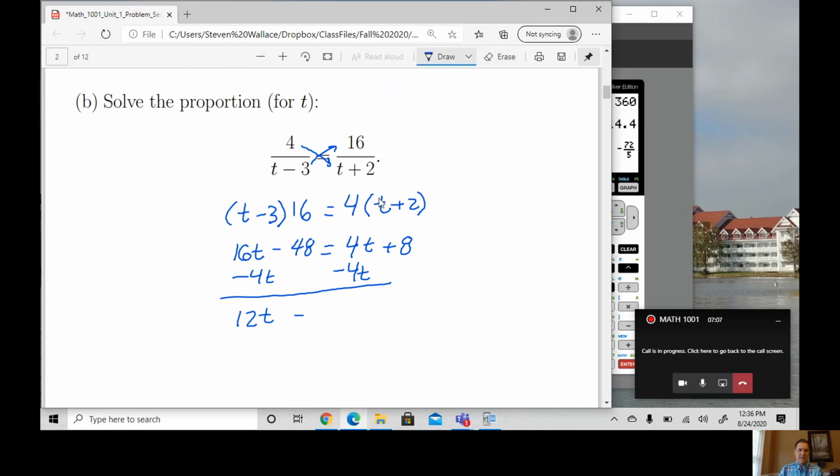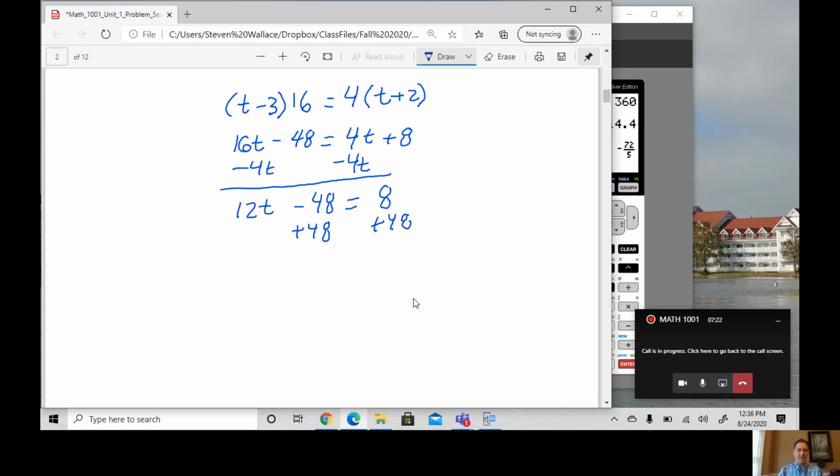The 48 is still over here. And then the 8 is by itself. Now I'm going to add 48 to both sides to get the unlike terms on opposite sides of the equation. 12t becomes 56. Divide both sides by 12, gets t by itself.